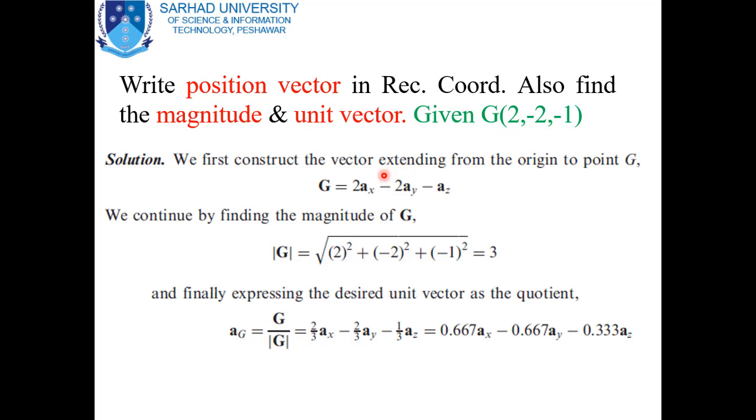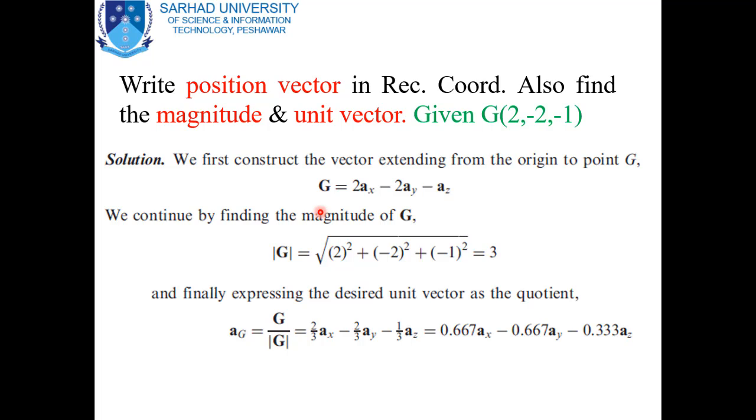So our vector g from the position vector will be equal to (2 - 0) ax. For the y component, we subtract the y component at the origin from the y component of the g point, so we will get -2 ay, and then we subtract the z component at the origin from the z component of g, so we will get -1.